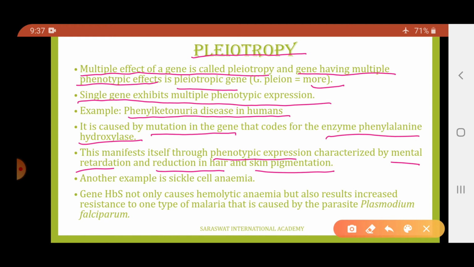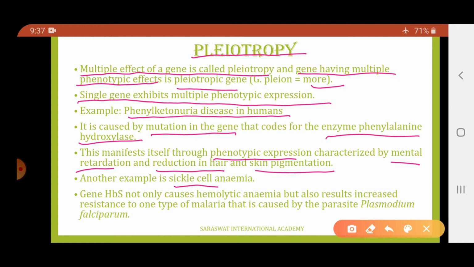Another one is the reduction in the skin and hair pigmentation. So this particular gene, it is giving multiple effect. First effect, as mutation have taken place, enzyme won't be secreted. Another phenotypic expression shown is mental retardation, that is first expression, reduction in the hair pigmentation second, and reduction in the skin pigmentation.